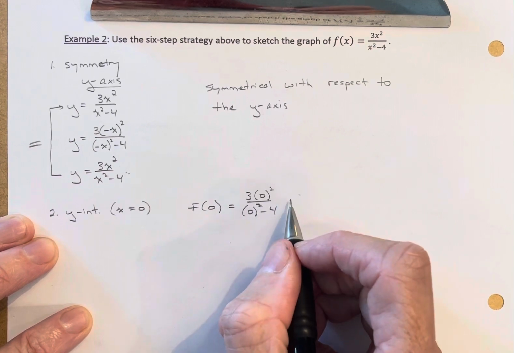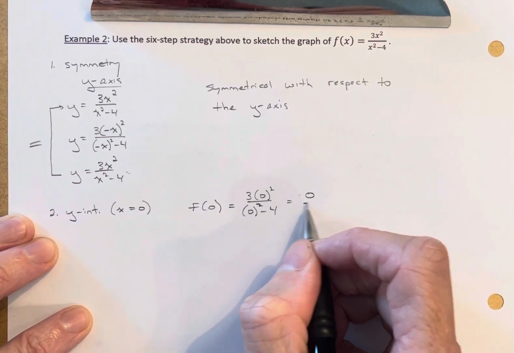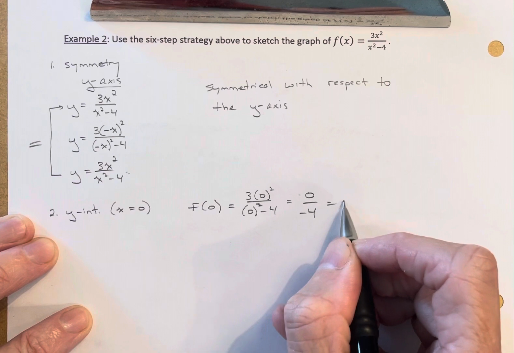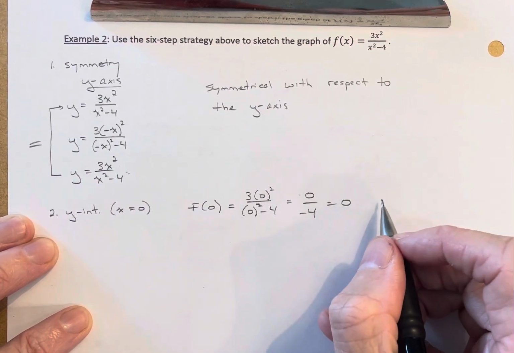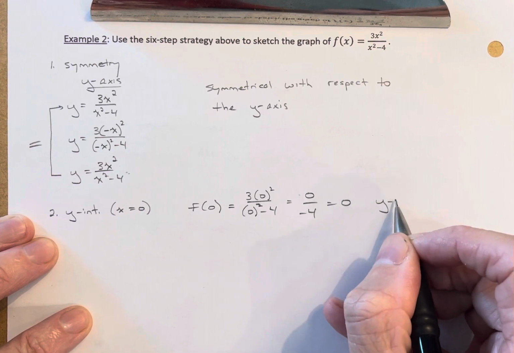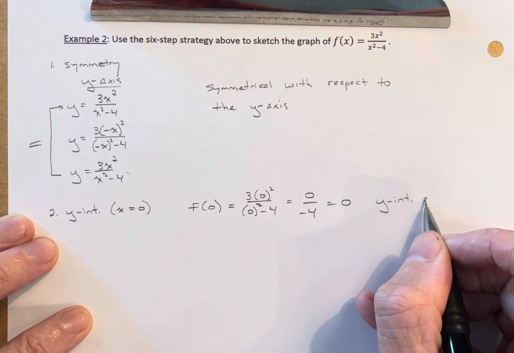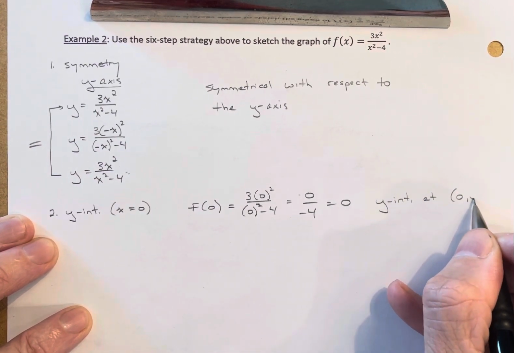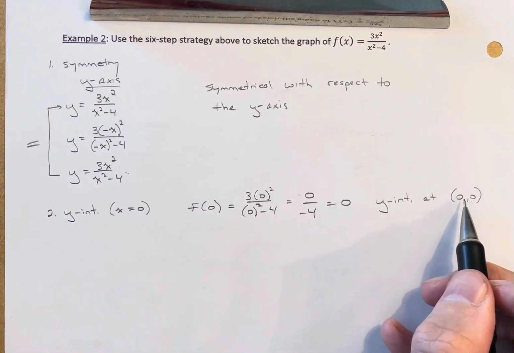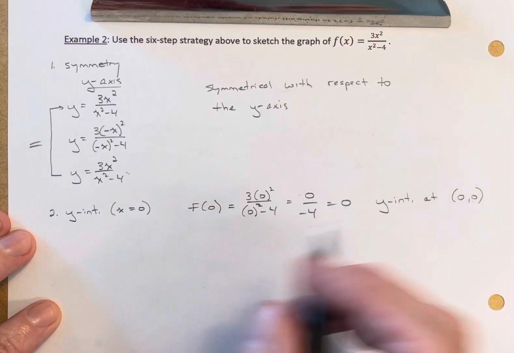Well, that's 0 divided by negative 4, which is 0. So the y-intercept is at 0, 0. Y-intercept at the point 0, 0, which obviously means I have an x-intercept at the origin as well.